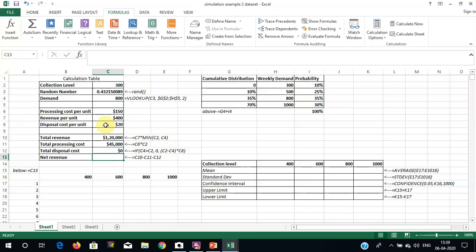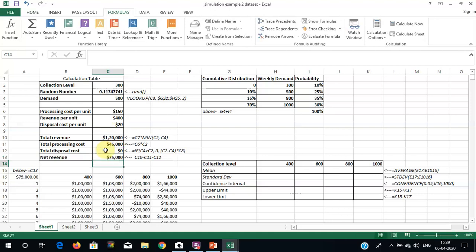So our net revenue is equal to total revenue minus cost minus disposal cost. Very easy. Now you can see our conceptual model, our model is ready.